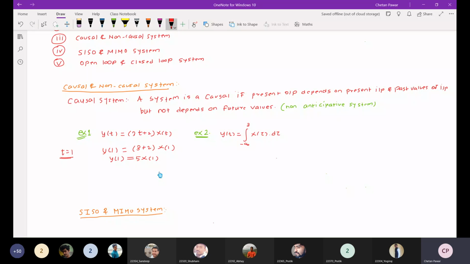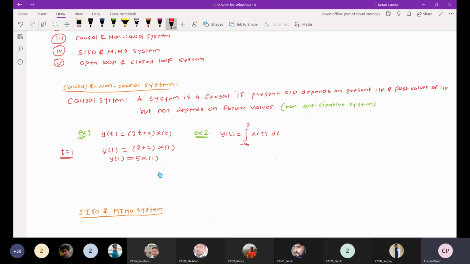Now you tell me, the output at time instant t equal to 1 depends on which values of the input, present or past? Here y of t is the output and x of t is the input.